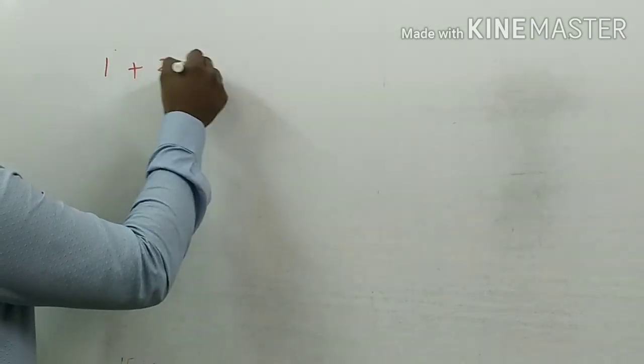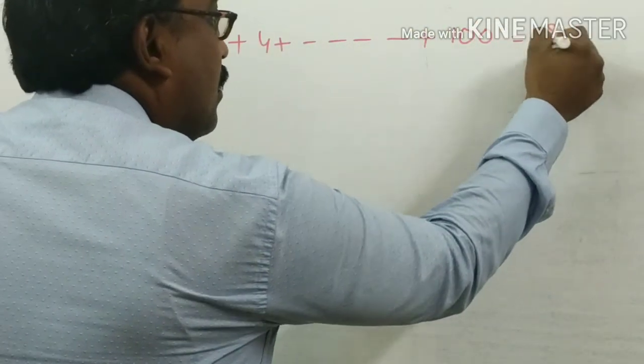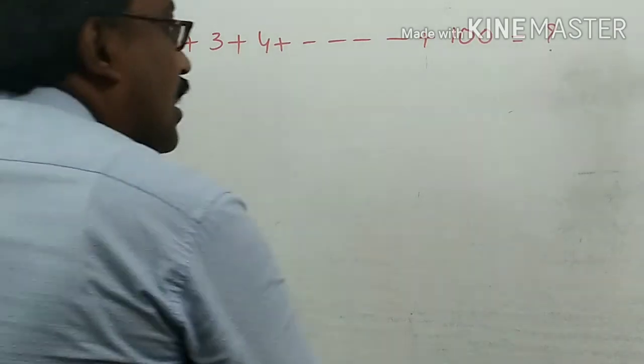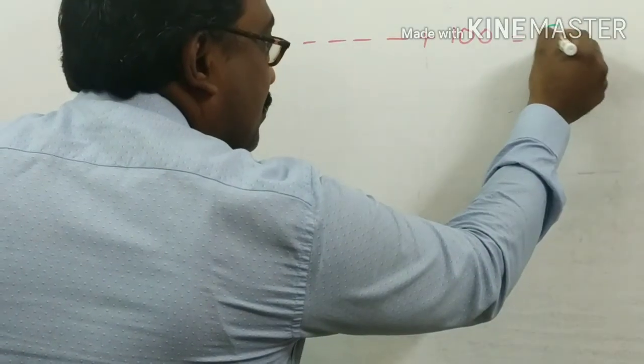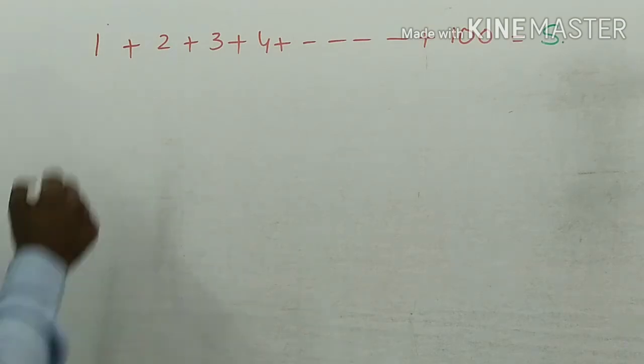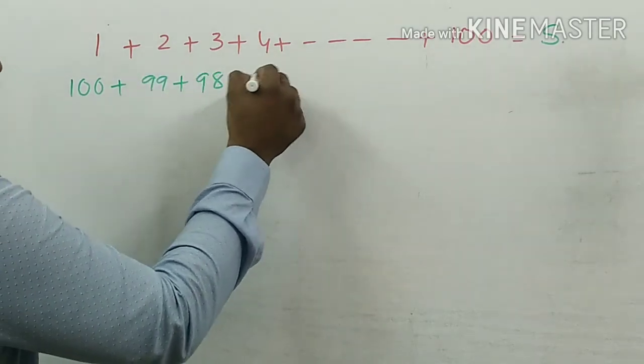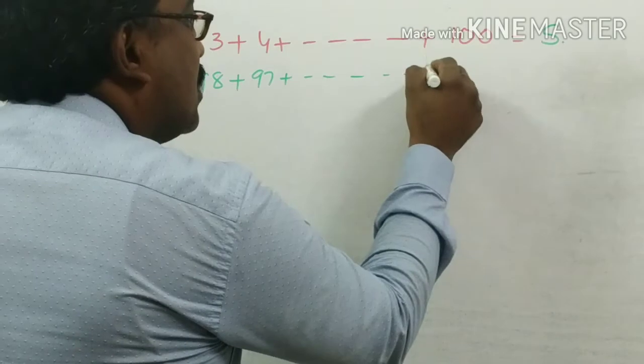Suppose I ask you a question: 1 plus 2 plus 3 plus 4 plus so on plus 100 is equal to how much? I am considering this as the sum S. Now I am rewriting the series: 100, 99, 98, 97 plus so on, 1.